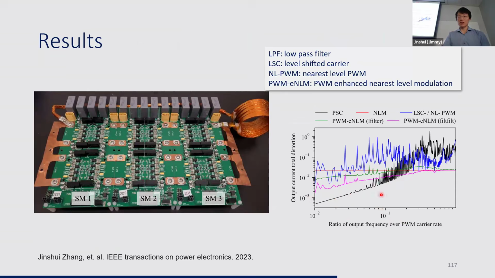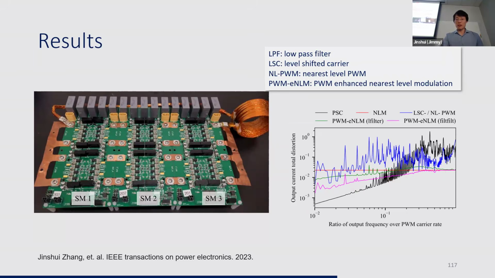The black curve is the phase-shifted carrier PWM, and red is the nearest level modulation. Blue is the NL PWM, and green and purple lines are our proposed methods. The PWM approaches collapse at high frequency, and nearest level modulation holds a constant distortion level. And our approach maintains a low distortion over the full frequency range.